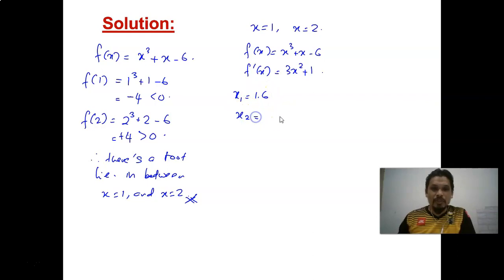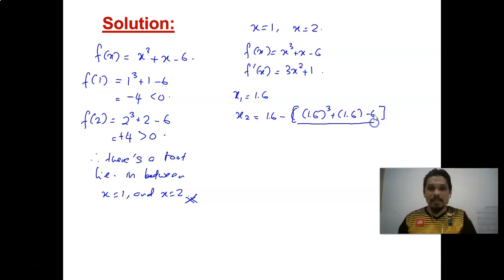So x2 equals 1.6 minus, okay, 1.6 cubed plus 1.6 minus 6, divided by f prime, 3 times 1.6 squared plus 1.